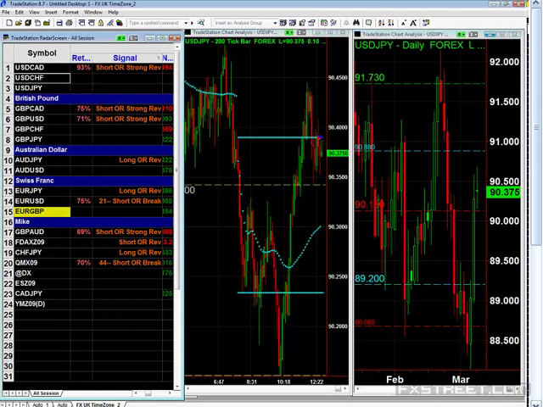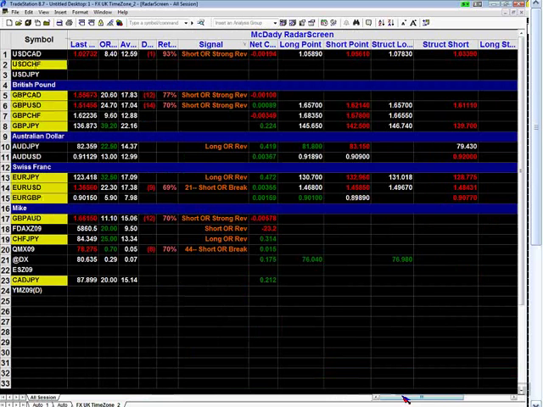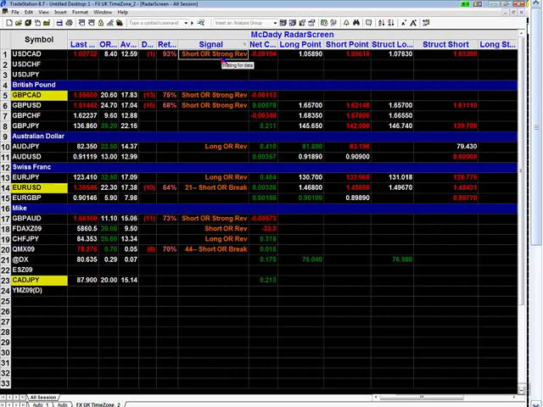So looking at the market, what we're going to do is choose from what happened in some of the currencies that we're going to trade. The first thing I want to look at is what currencies have given me what we call a reversal in the prior session.